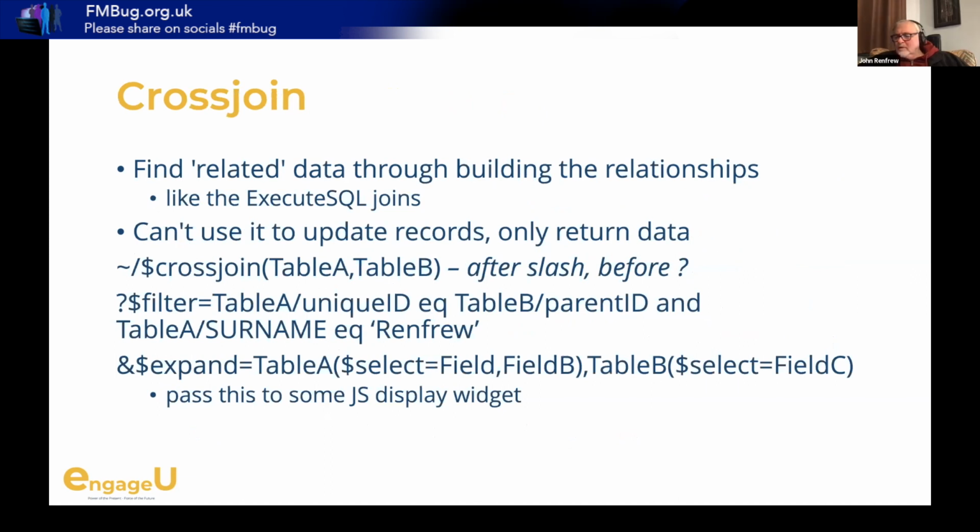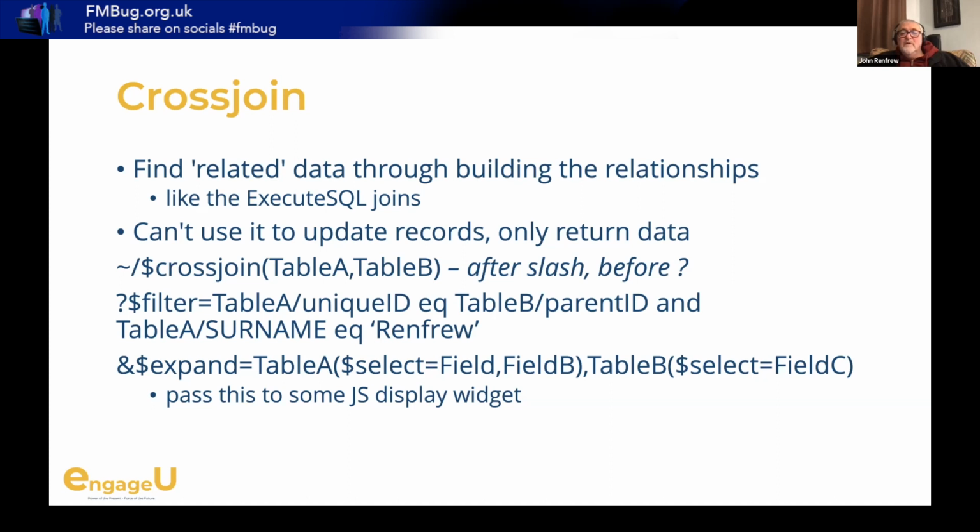So a cross join, very interesting, is our ability, like we can with execute SQL, to create the relationships between data in the query that we're writing, not on the relationship graph. So we can find any piece of data that's related to some other piece of data by building our query as we go along to find some records.